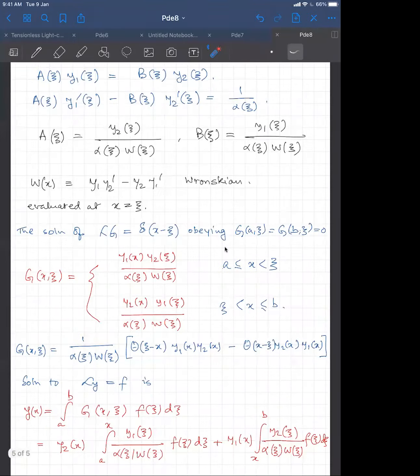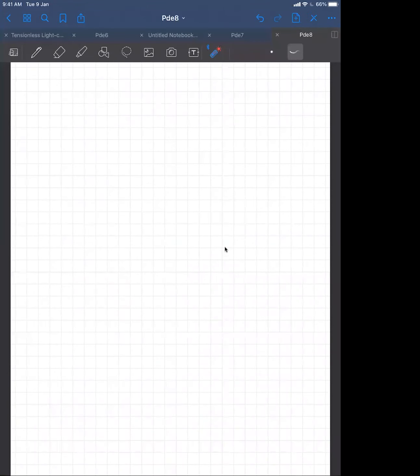And finally, I wanted to solve an example today to wrap this lecture up. So L of y is minus y double primed minus y is equal to f of x in the interval 0, 1, subject to the boundary conditions y(0) equal to y(1) equal to 0.